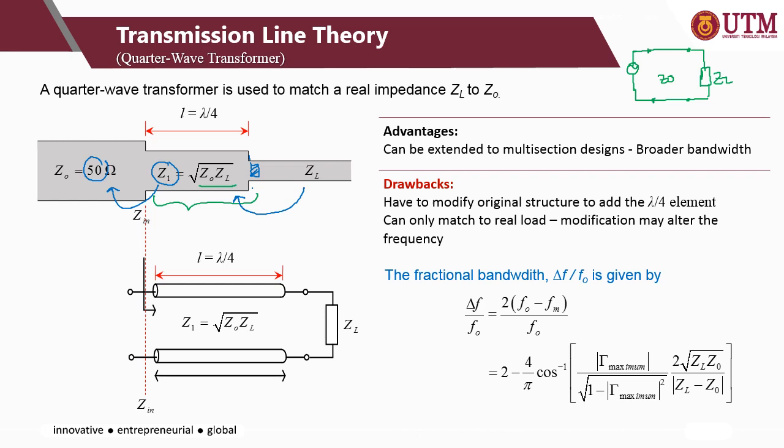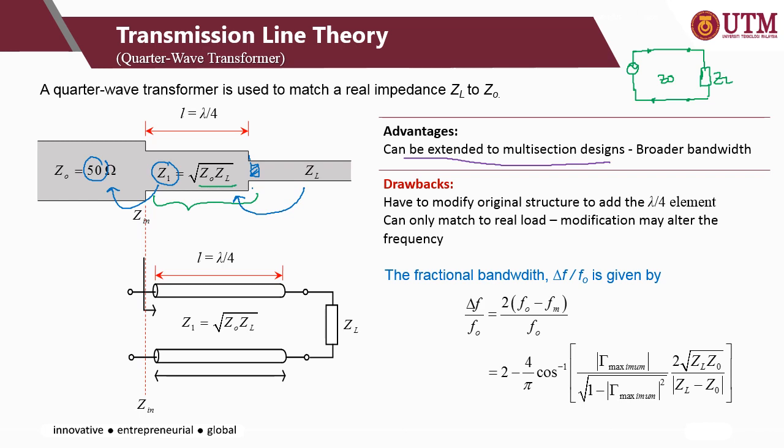The advantage of using the quarter wave transformer is that it can be extended to multi-section designs. Therefore, it can provide broader bandwidth. If only a narrower bandwidth is needed, the designer can simply use a single section transformer.